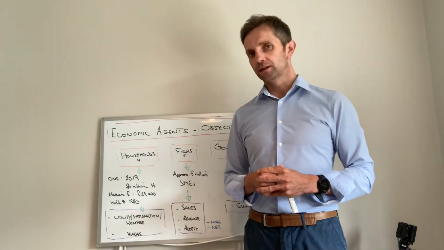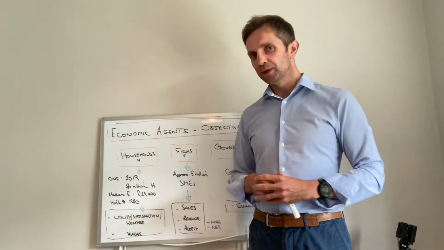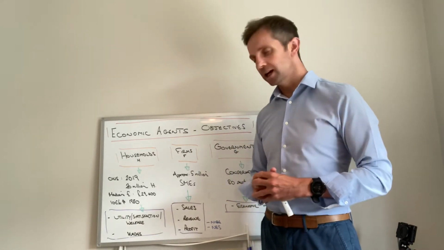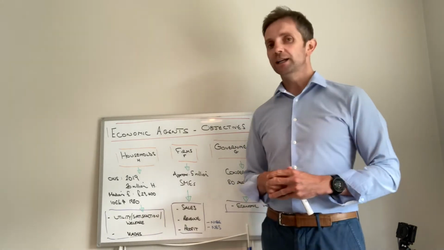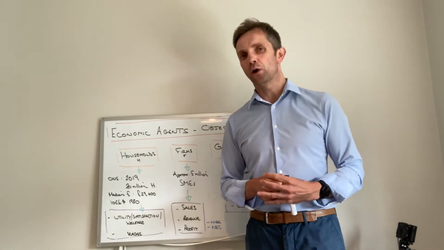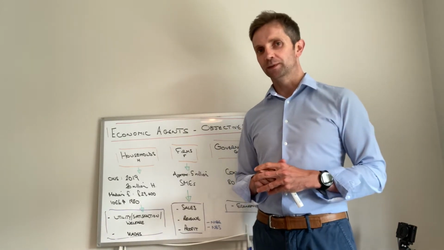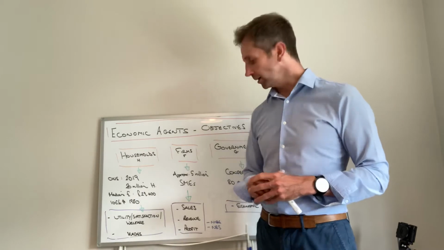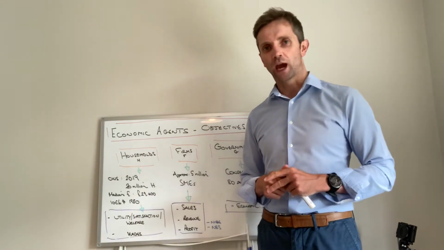You'll know that the UK is predominantly made up of smaller businesses, small to medium-sized enterprises, enterprise being another word for firm or business. And in the UK, if you want to stick a number on it, again, subject to a little bit of educated guesswork, you're talking about approximately 5 million.